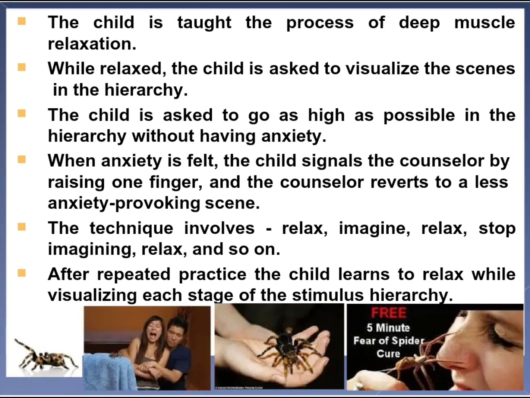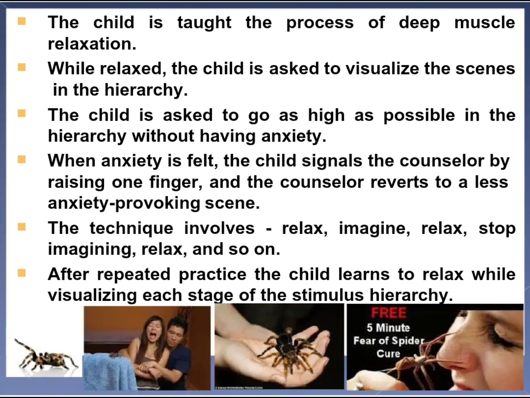The child is taught the process of deep muscle relaxation. While relaxed, the child is asked to visualize the scenes in the hierarchy. The child is asked to go as high as possible in the hierarchy without having anxiety.